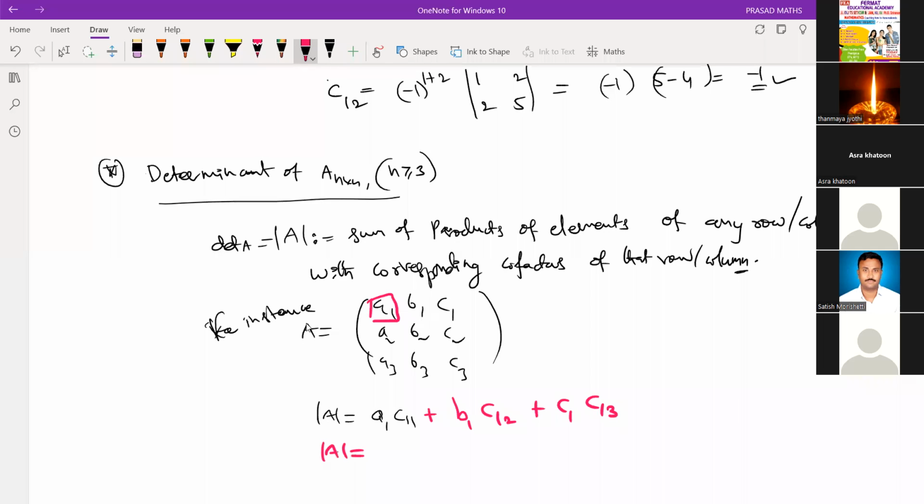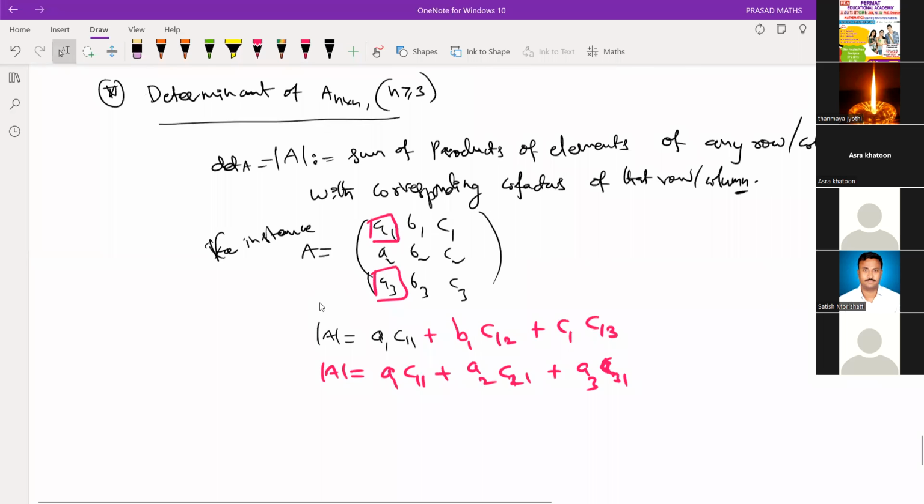Or else det A can be computed along the column also. A1 into corresponding cofactor, A2 into corresponding cofactor. A2 is sitting in the 2-1 entry. Therefore next A3, its corresponding cofactor. A3 is located at the 3-1 entry. Right? So det can be computed along the row or column with the corresponding cofactors.